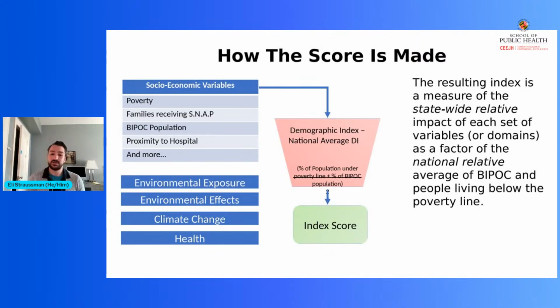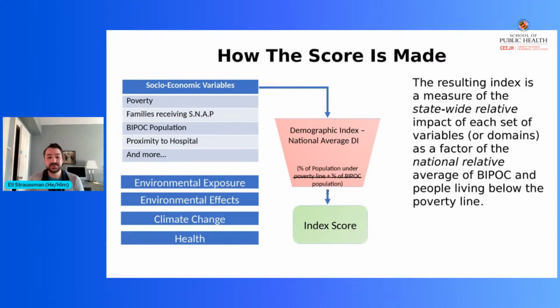So we take this wide range of data and we condense it into 5 buckets. And those buckets are socioeconomic, environmental, the effects of environmental effects, climate change, and health.